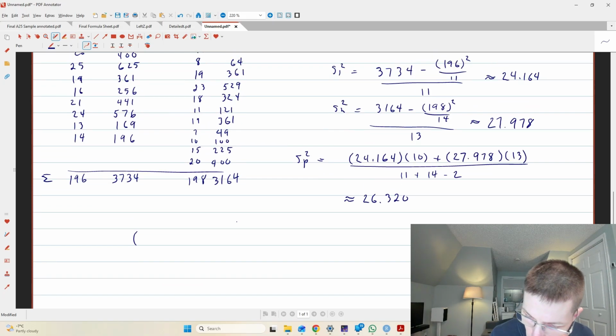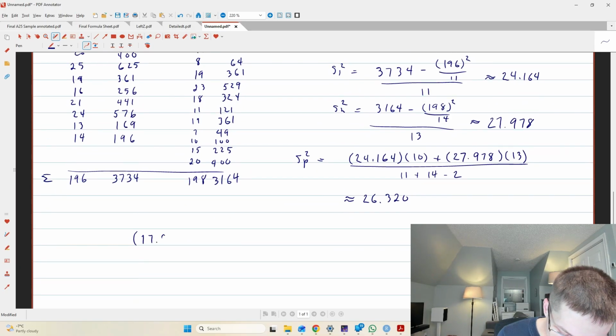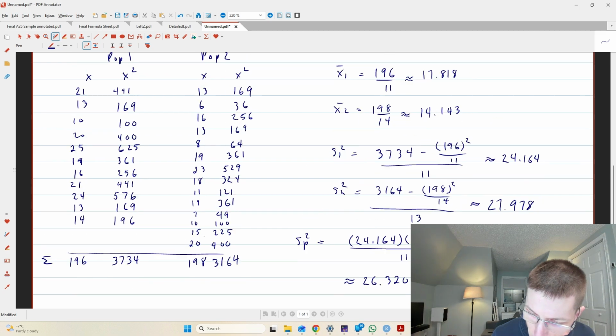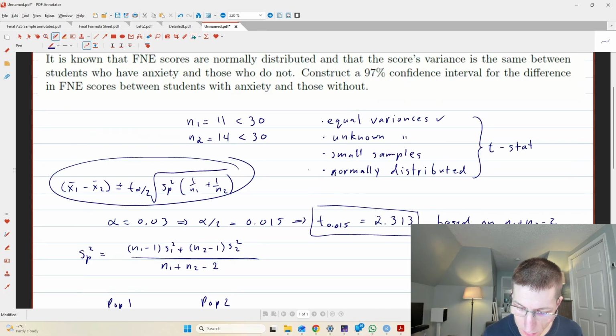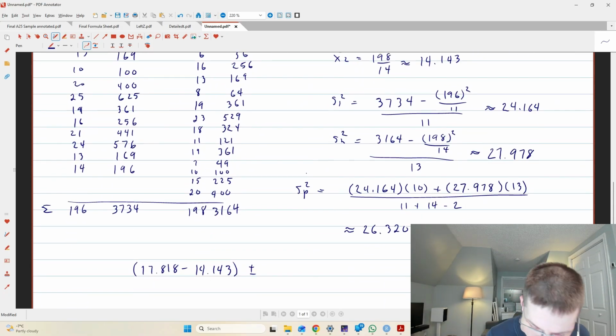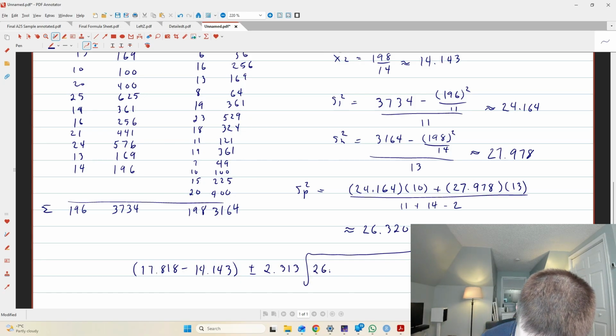That's going to be 17.818 minus 14.143, plus or minus the t alpha over 2, which gave us 2.313, times the square root of the pooled variance times (1 over 11 plus 1 over 14).